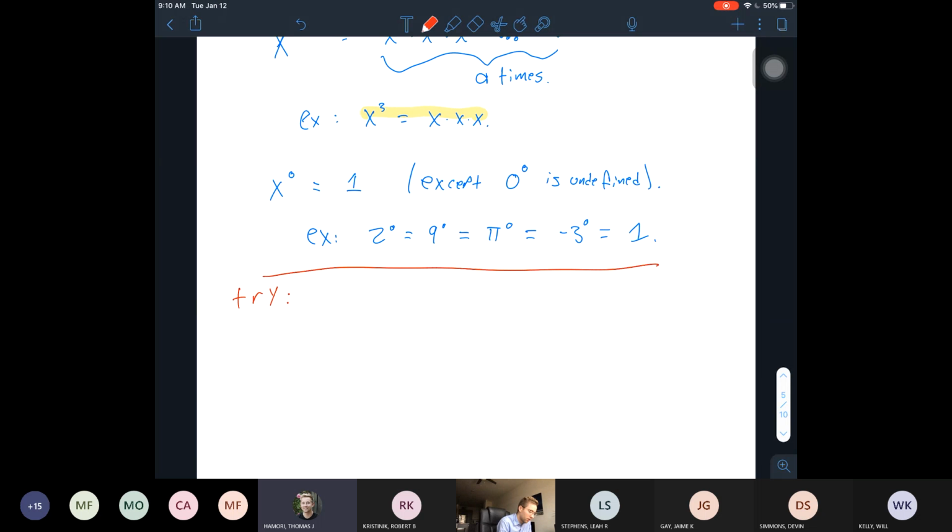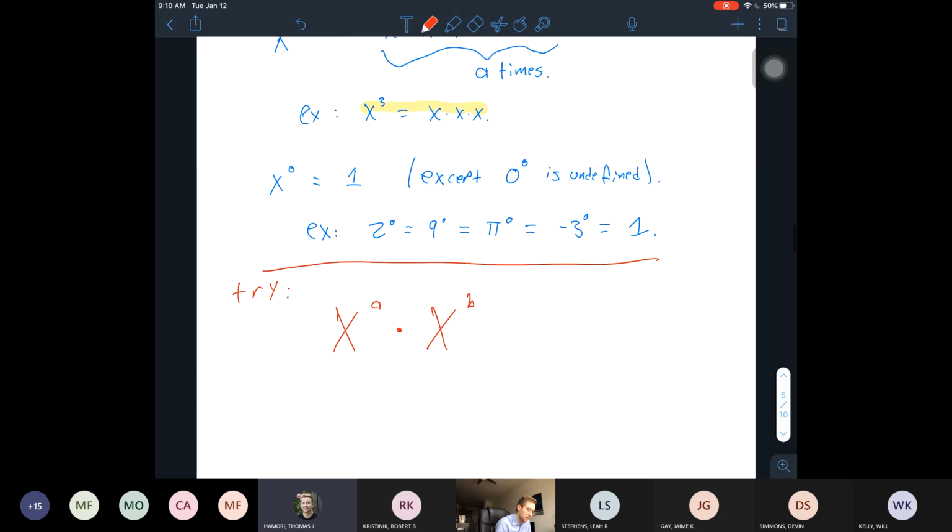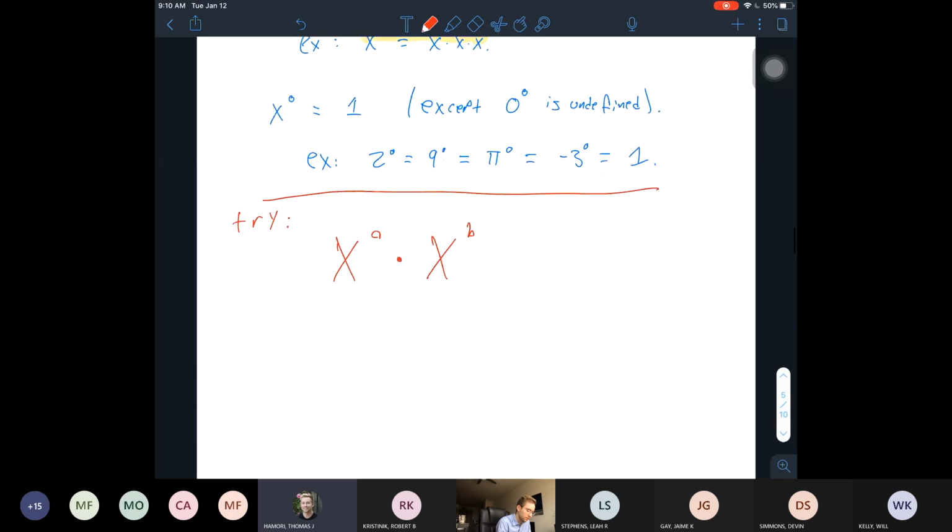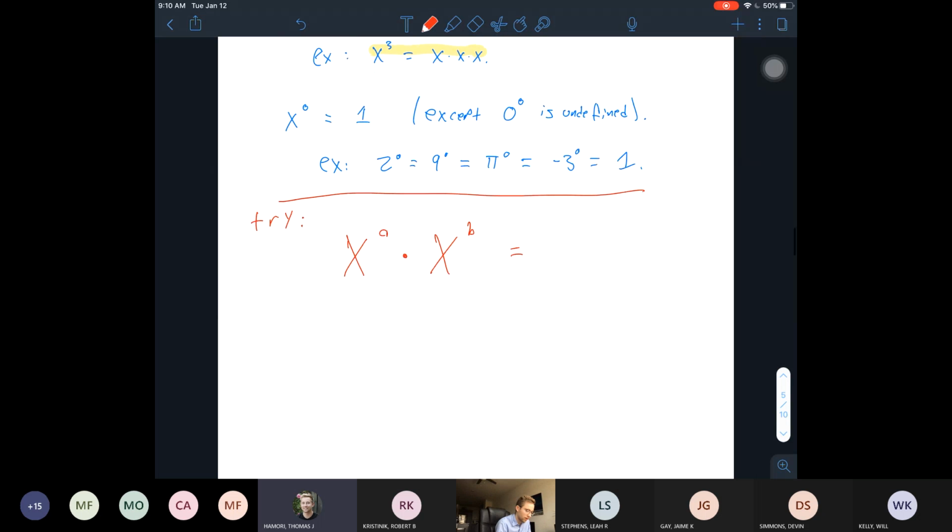What do we think we should do with something like this? We multiply x to the a times x to the b. Let's see what we get there. What do we think should go in this blank?